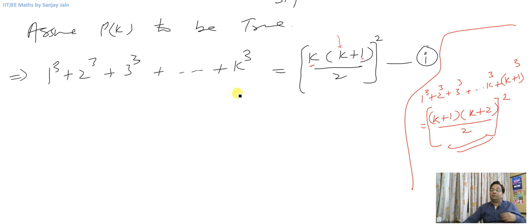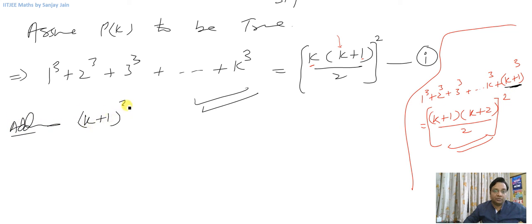And what will you use to do that? You will use this equation. So using this equation, I will add (k plus 1) cubed on both sides. Or what you can do is you can write this statement, and then in place of this you can replace this.